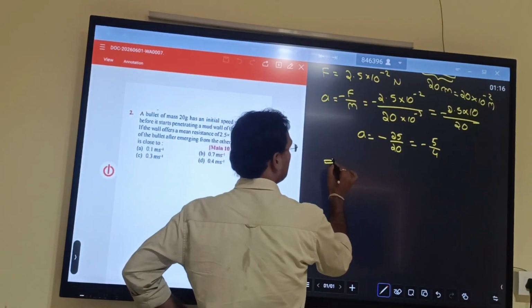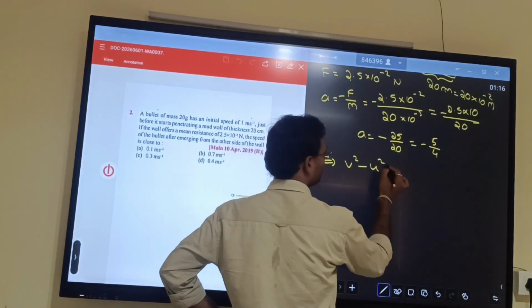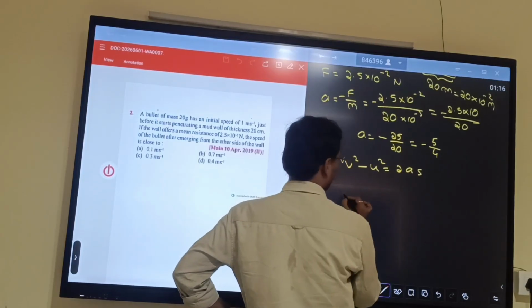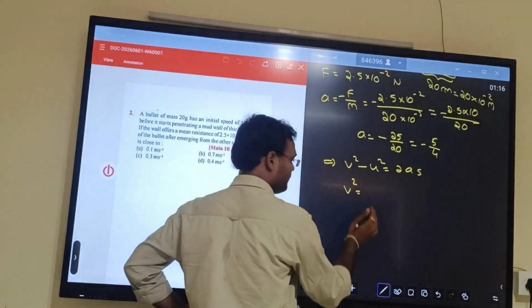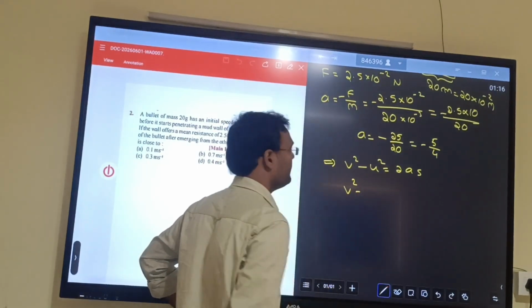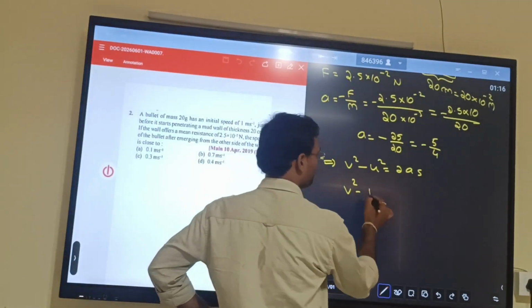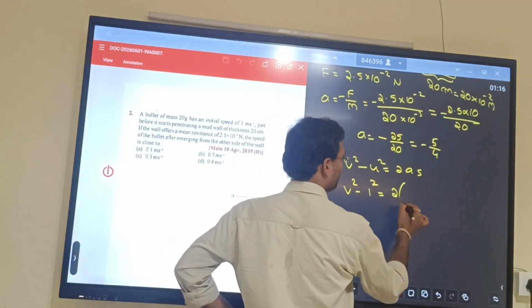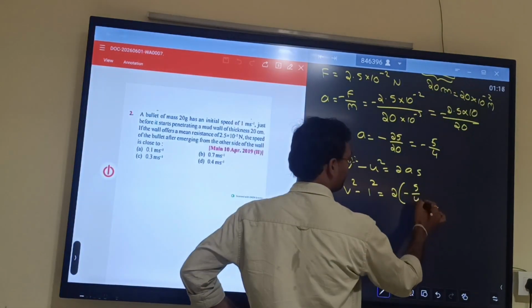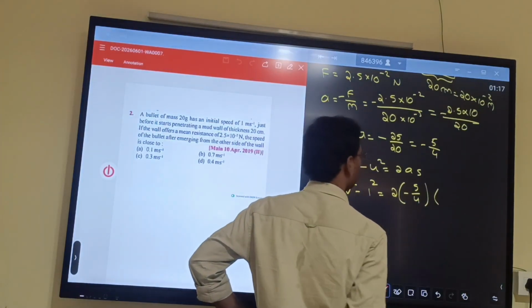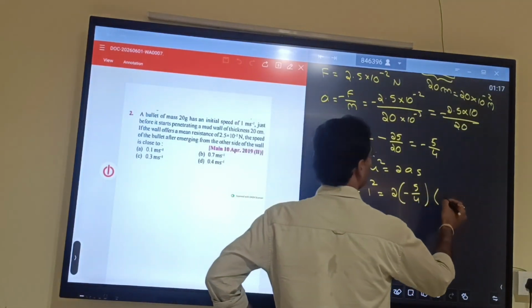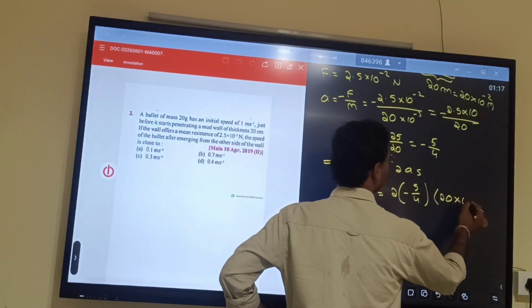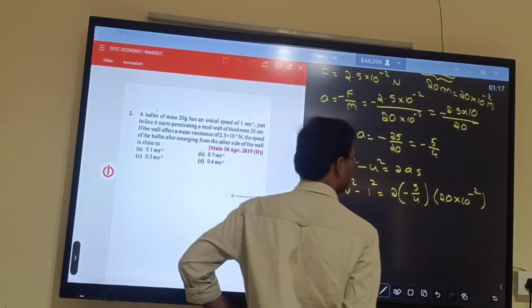Clear? Now we are using v square minus u square is equal to 2as, with the v value which we are going to find after piercing through the mud, and u value given as 1 square. 2 into acceleration, that is deceleration in this case, minus 5 by 4, and displacement they mentioned as 20 into 10 to the power of minus 2 meters. Clear?